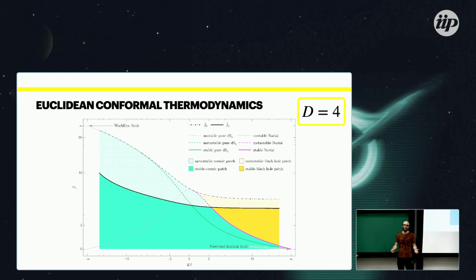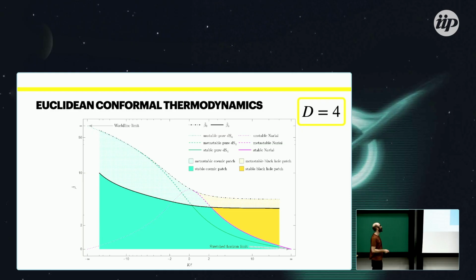And so the types of patches that you can consider now are cosmic patches, pole patches, but you also have black hole patches. And so this is some kind of summary, that I don't want you to look at in detail, of what happens for any given value of K and beta tilde.